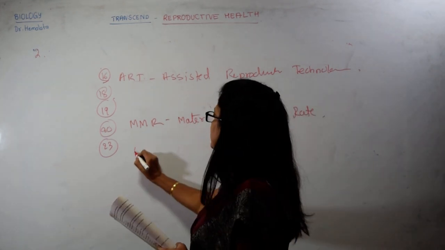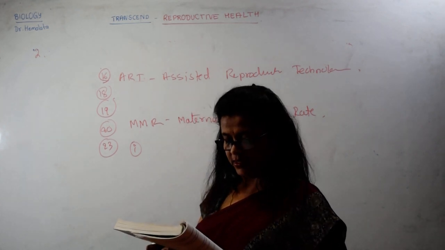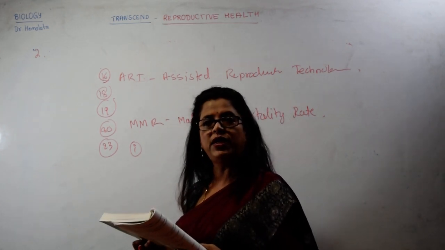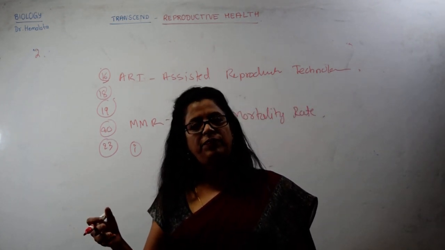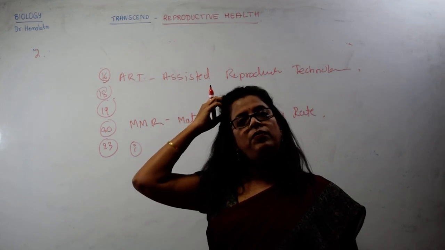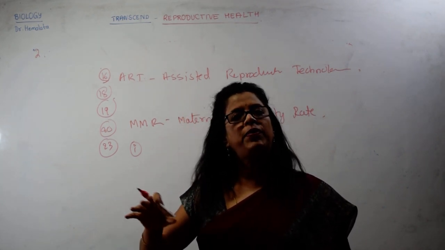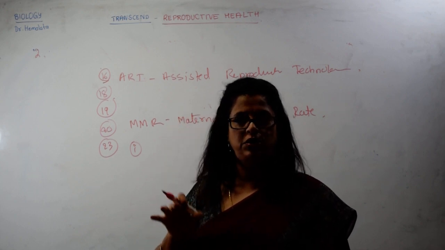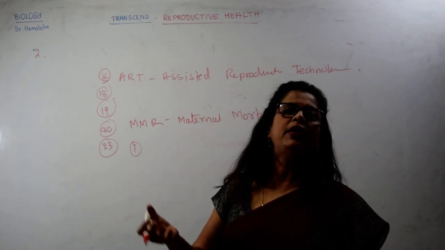First one given is abortions. Abortions could happen spontaneously too, which means abortion is not always MTP, which is done by medical means. Medical termination of pregnancy is not equal to abortion. Abortion can happen on its own, without medical assistance.